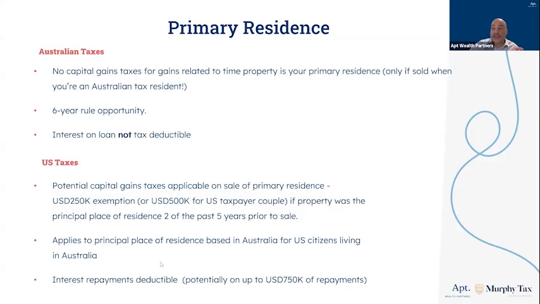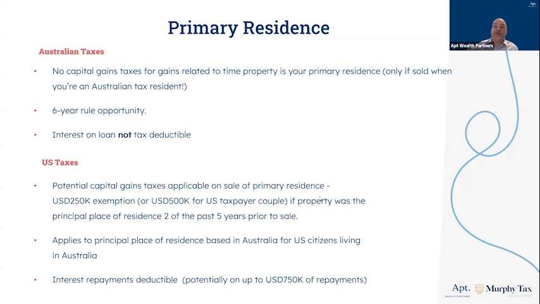Now, under US tax rules, and this is how it can really differ for a US citizen living in Australia, when you sell your principal place of residence in Australia, you would be assessable for capital gains tax, because under US tax law the principal place of residence receives an exemption for up to $250,000 of capital gains per US taxpayer.